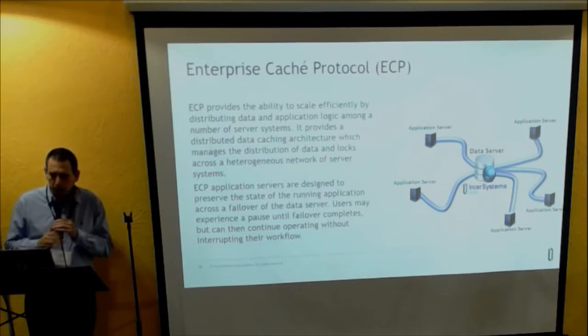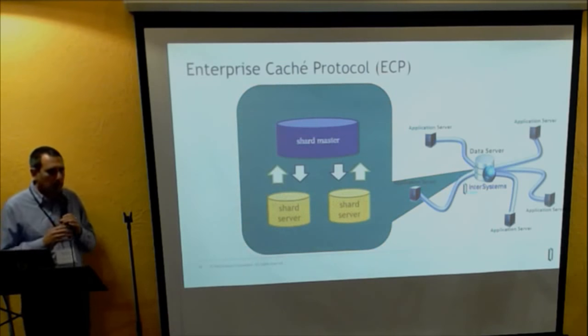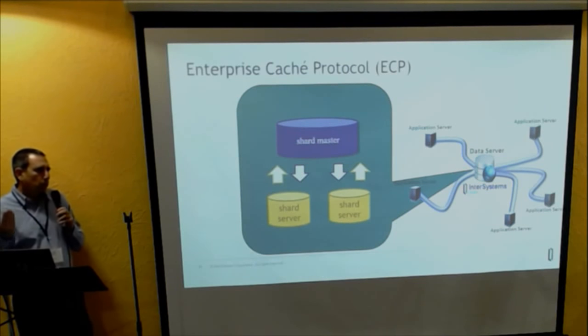ECP can also be mirrored, but once we introduce data sharding, ECP knows in a standard mirror configuration which of the 2 servers it needs to communicate with. In a data sharding environment, it usually communicates with the shard master.